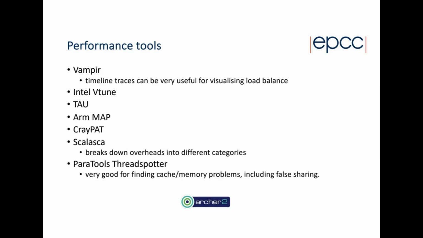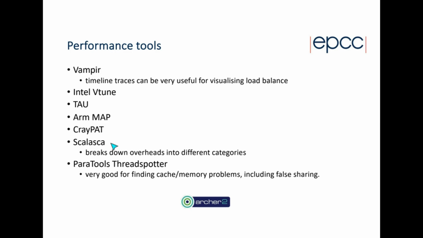There are a bunch of performance tools out there, so it may depend on what you have access to in terms of what systems you're running on. Some of these things are free, some of them are not. So I'll just highlight a couple of them here. Scalasca is an interesting one. It's a free tool.